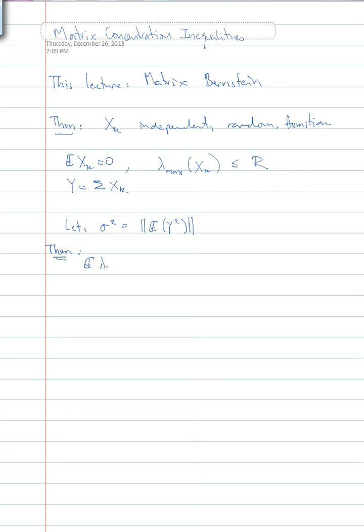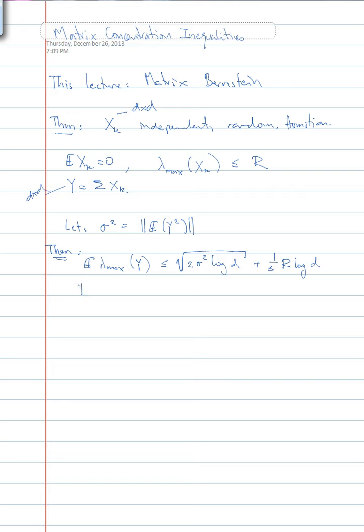Then the theorem says the following: the expected value of the largest eigenvalue of Y is bounded above by the square root of 2 sigma squared log d, plus 1/3 R log d. Recall that d is the dimension of the matrix. So these are all d by d, and of course Y is a d by d matrix.